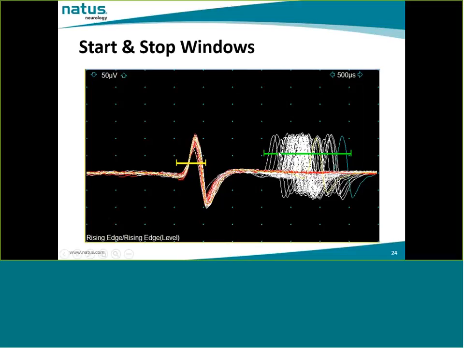So if we made mistakes in positioning these windows, we may not have correct jitter. So it is important to place these windows properly. And it doesn't take much time. We can just click with the mouse and drag it to the correct position. The program also places the windows automatically, which are often satisfactory. But if they are not, it is the responsibility of the user to change the position and width of these windows.